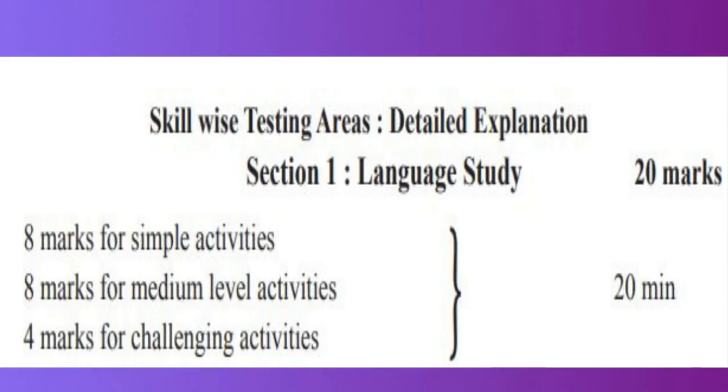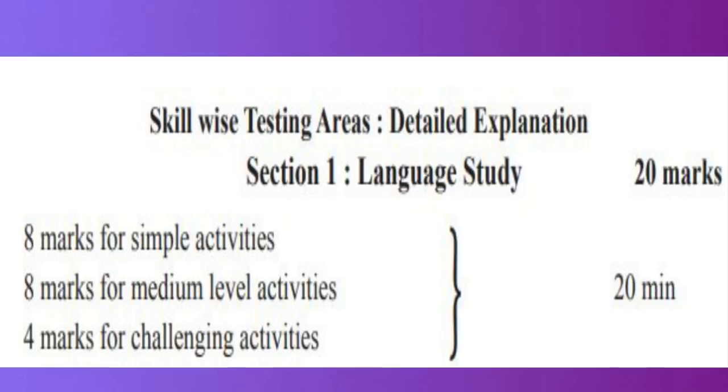Let's see skill-wise testing areas, detailed explanation. Section 1, language study, for 20 marks: 8 marks for simple activities, next 8 marks for medium level activities, and last 4 marks for challenging activities.